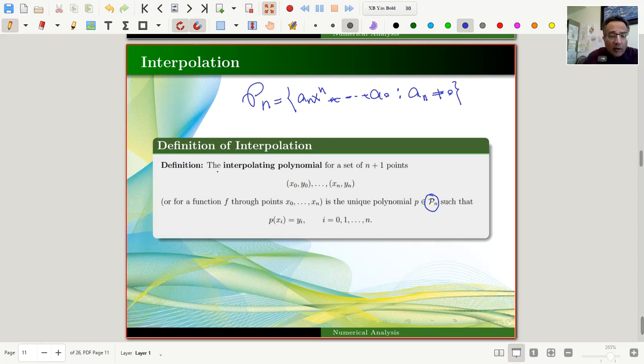Okay. Now, when we say the interpolating polynomial of n plus 1 nodal points is a polynomial belonging to Pn such that p of xi is exactly equal to yi for all i equal to 0, 1, 2, ..., n.